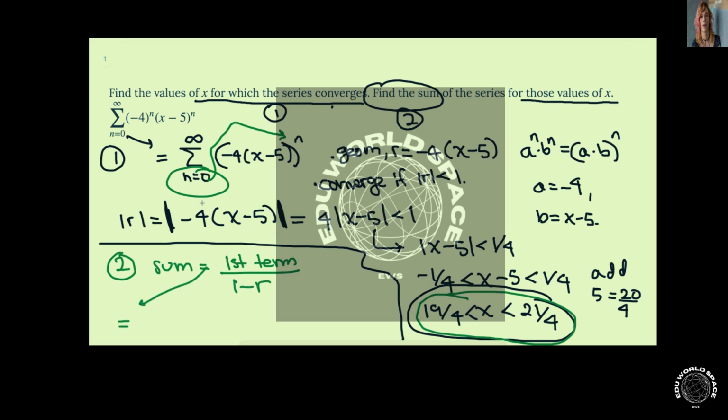Now in our problem, if we plug in n equals 0, we get 0 exponent, so we just get a 1 in the numerator. And then in the denominator, we have 1 minus r, and we know that r equals negative 4 times x minus 5. So watch out for that double negative there.